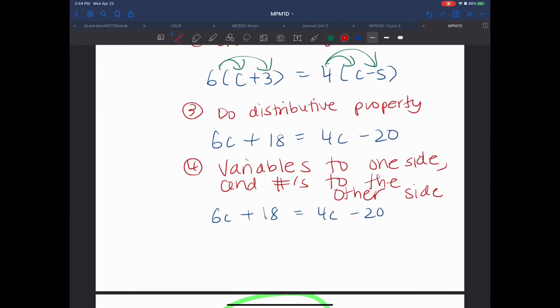So let's say I'm going to subtract 4c. That will force my variables all to go to my left side. That means I need to move the 18 over to the right side. And so notice I will get 6c minus 4c, which is equal to 2c, equals negative 38.